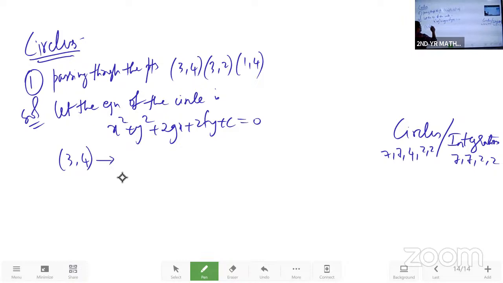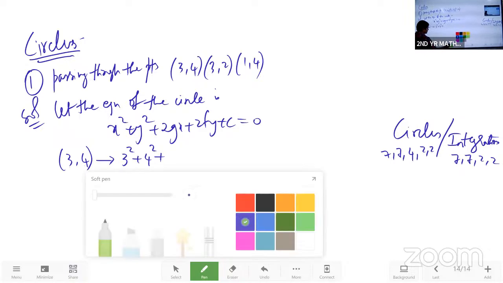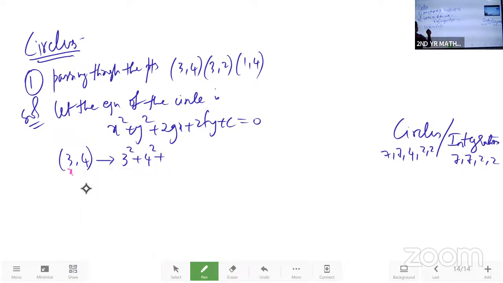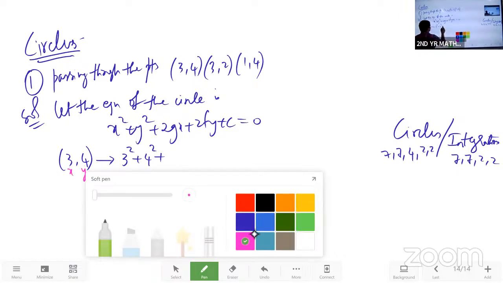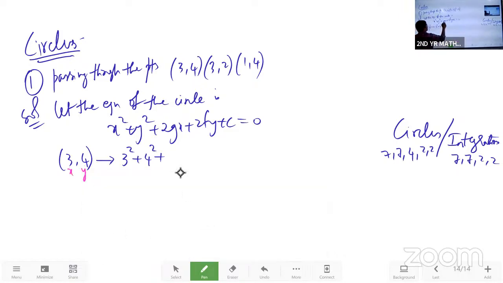This is your x, this is your y. So x square plus y square becomes 3 square plus 4 square, plus 2 into 3, 6g, plus 2 into 4, 8f, plus c equal to 0.